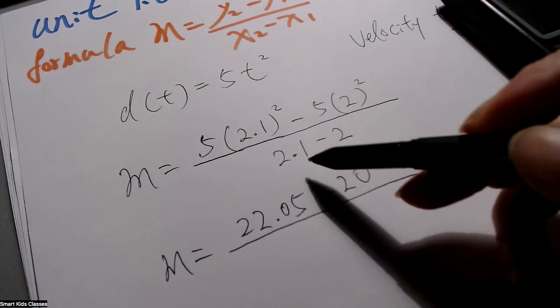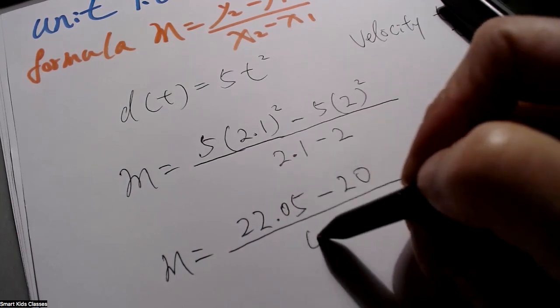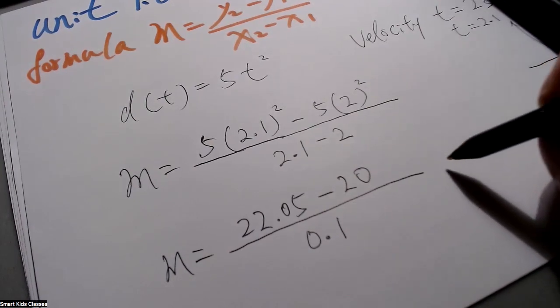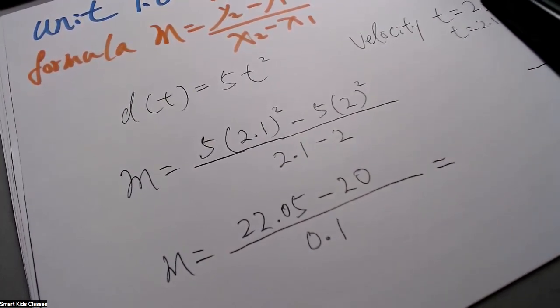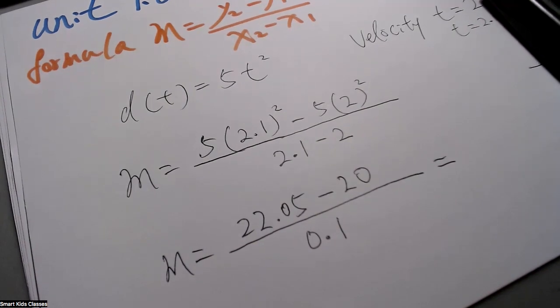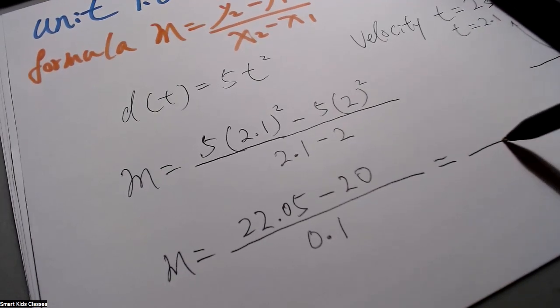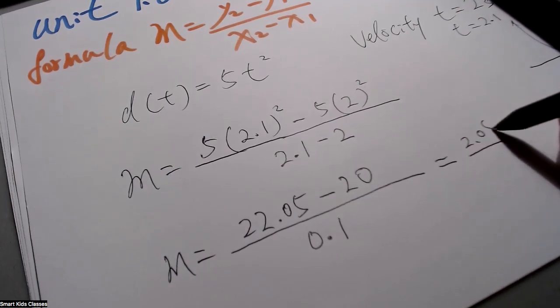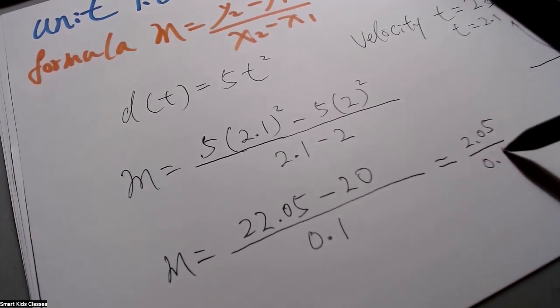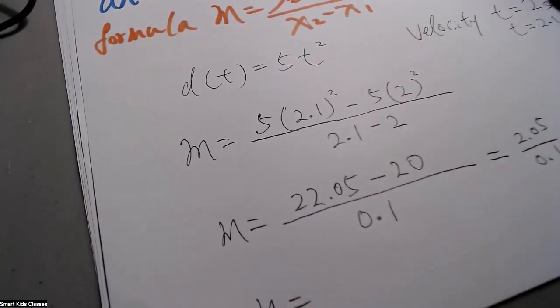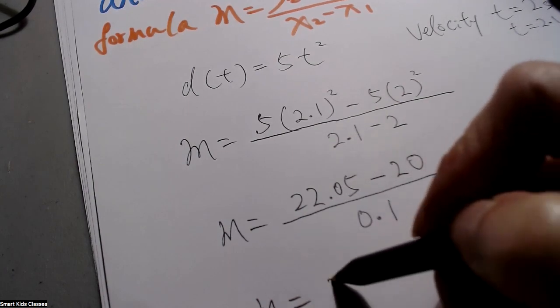Now 2.1 minus 2 gives 0.1. So the slope equals 22.05 minus 20, which is 2.05, divided by 0.1. Now the instantaneous slope equals how much? It equals 20.5.